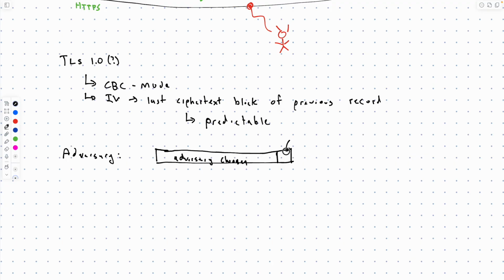And here, they're going to let the cookie start. The first byte of the cookie will be in the last byte of the first block, and then the rest of the cookie will go here. And then the rest of the whole packet.